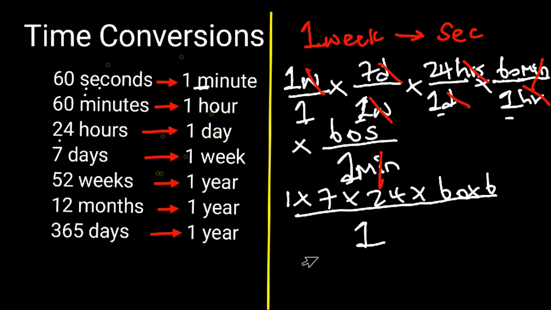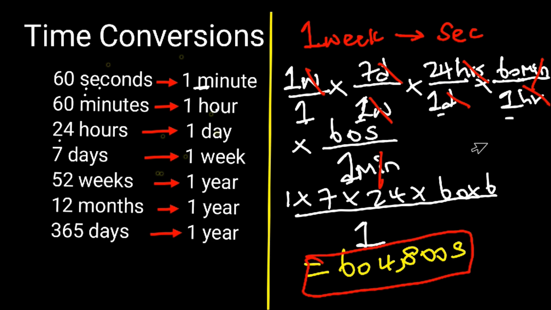So when you input all this in your calculator, you are going to get 604,800 seconds. So it means that in 1 week we have 604,800 seconds. So let's solve the next question.